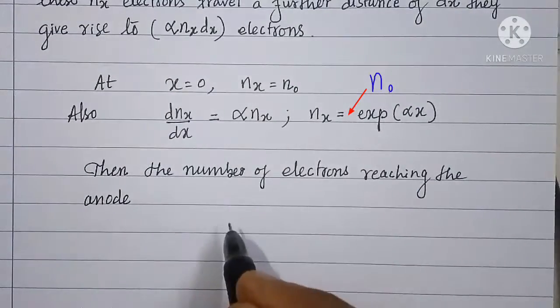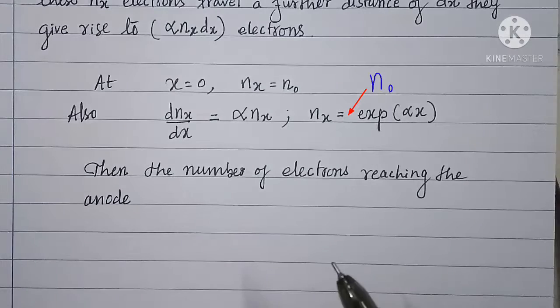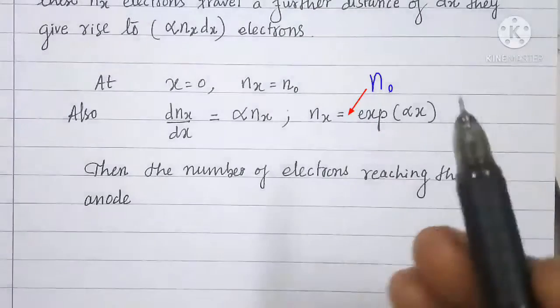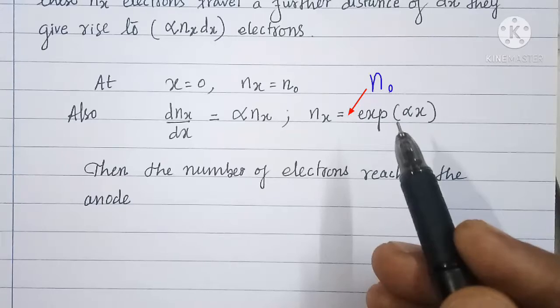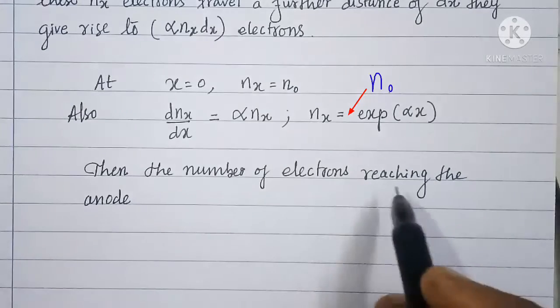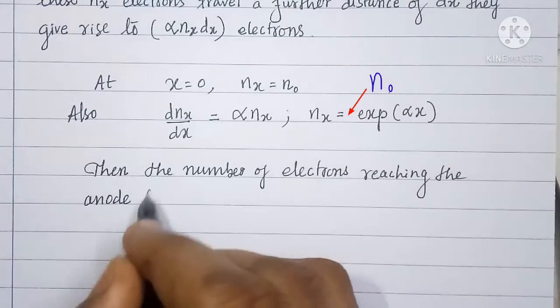Anode is at what distance from the cathode? It is at d distance. That means if we put d in place of x, we get the number of electrons reaching the anode.